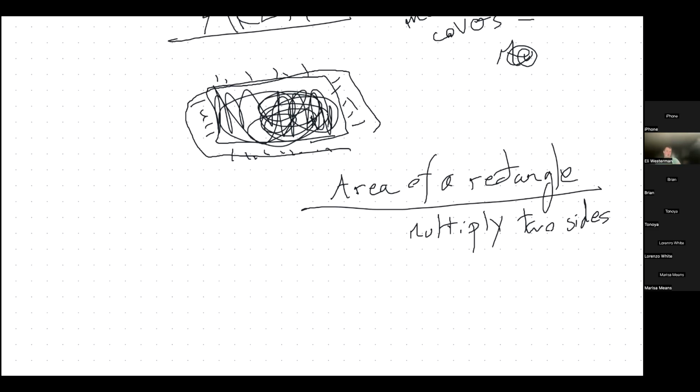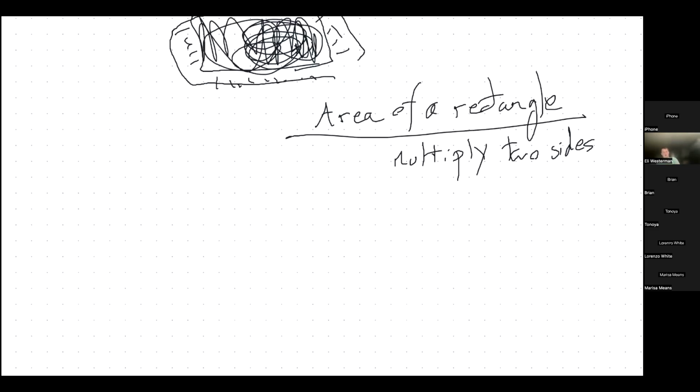So let's say we have this rectangle, and let's say it is 8 feet long here, and 12 feet long here.